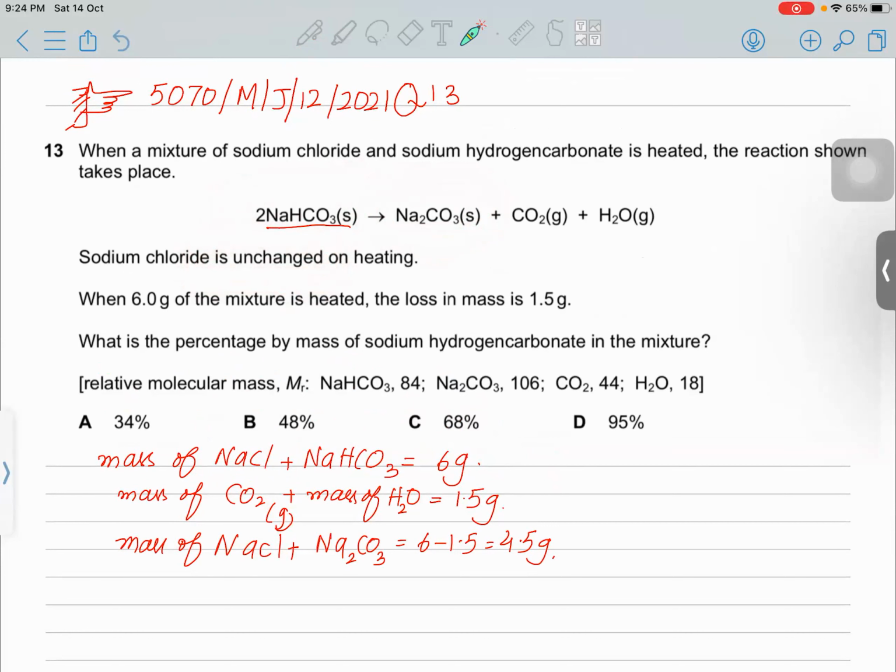Yeah, all of the gases have escaped. Yes, 1.5 is the mass of the gases escaped, and 4.5 is the mass of NaCl and sodium carbonate. Oh, okay. I got it.